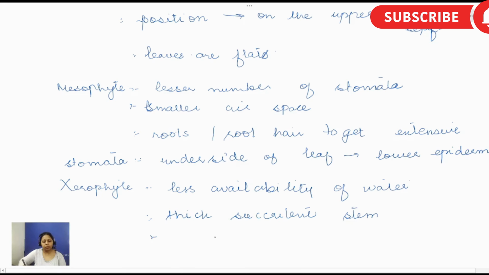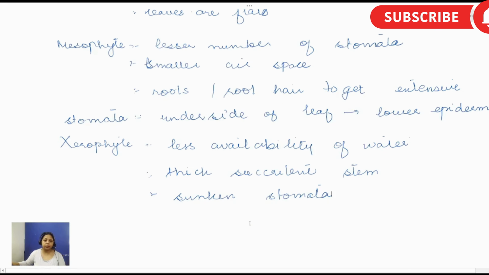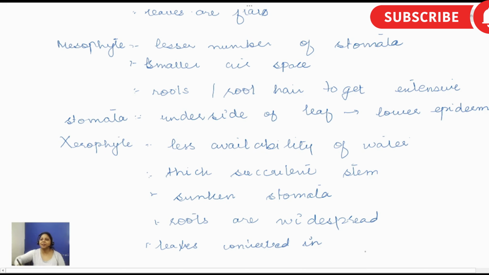Roots are widespread. Good. What else can be? Exactly, the leaves are converted into needle-like leaves, spikes or thorns.